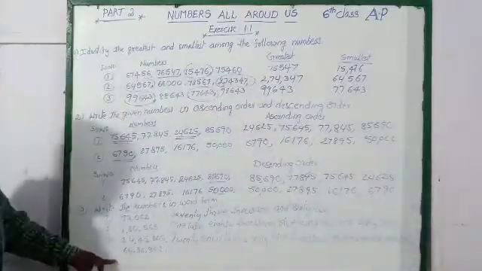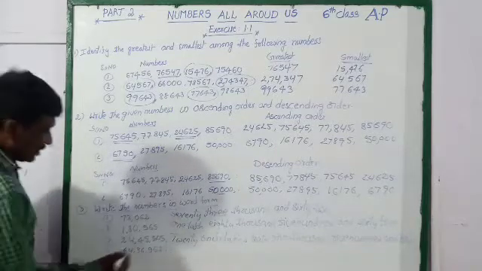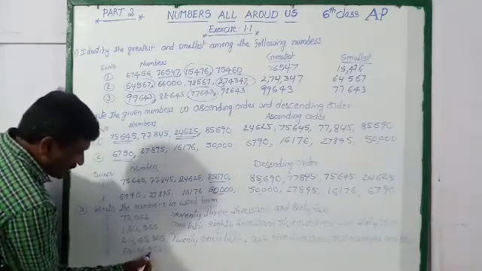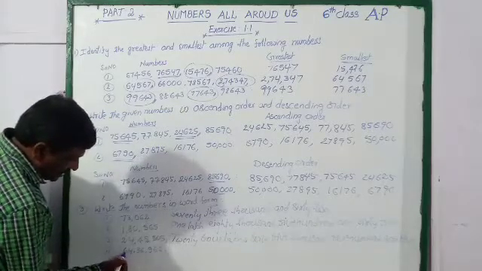Next, the last number. You can write any number. Units, tens, 100, 1,000, 10,000, lakhs, 10 lakhs.